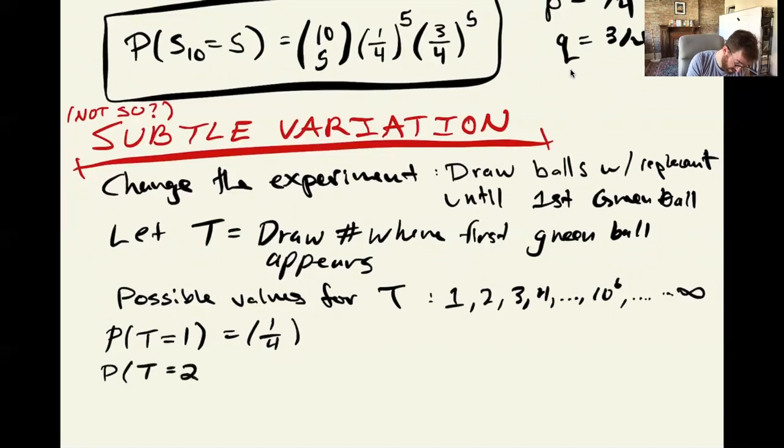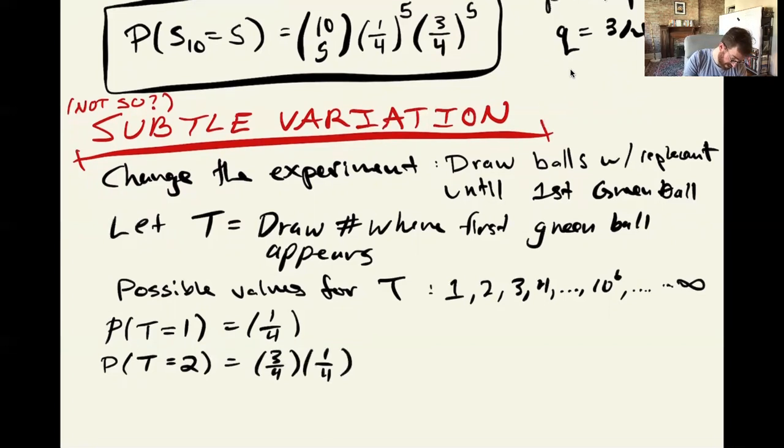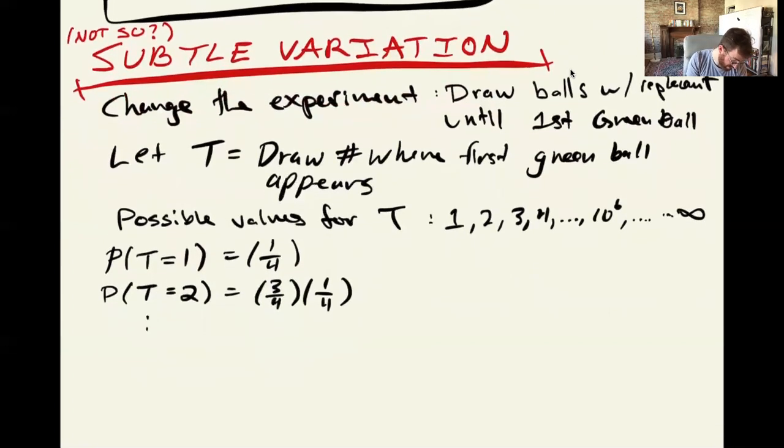What's the probability that your second draw is a green ball? So here you have to assume that the first ball that you drew out of the urn was red. So what's the probability of that? That's 3/4. And then you now compute the probability that, once you put the ball back in, the next ball is green. And in general, you can kind of see what the pattern should be.